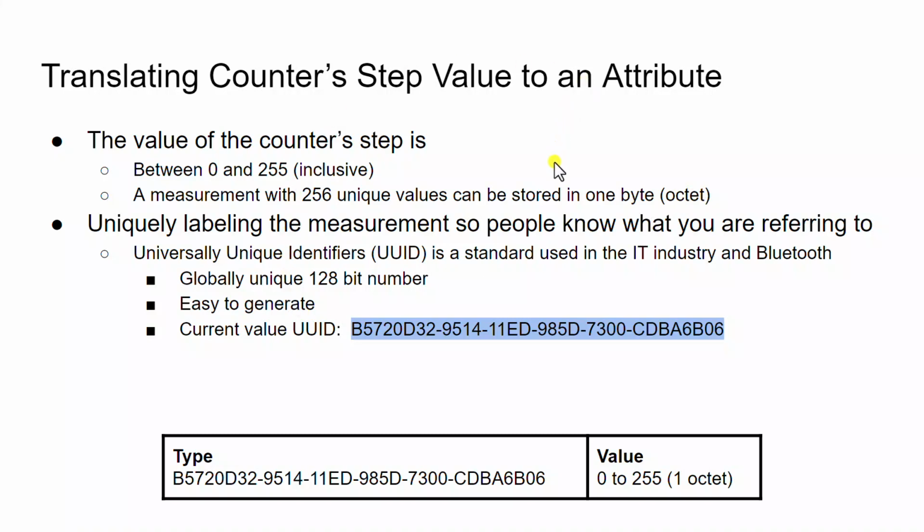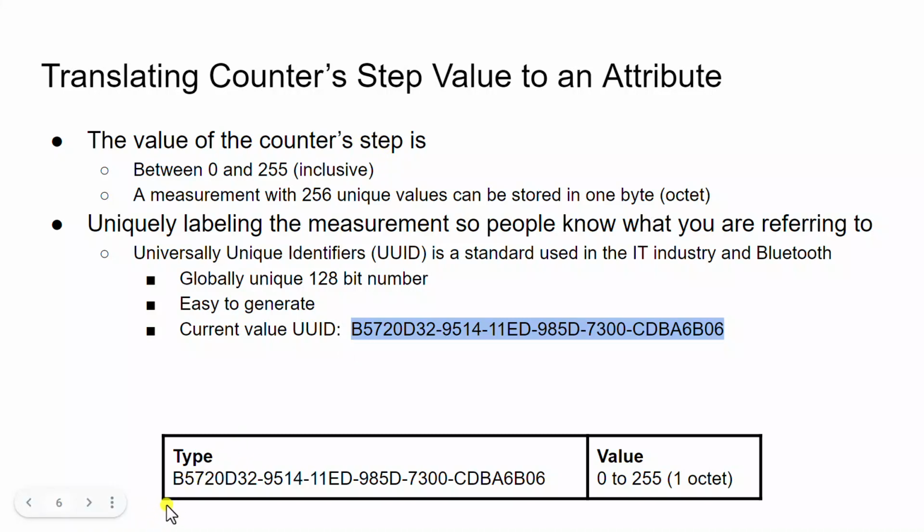So an attribute is composed of 2 parts. It's composed of this value, but in the Bluetooth world, we want to be able to uniquely identify this so that everyone in the world knows that this particular value is associated with this counter steps service and this counter step.